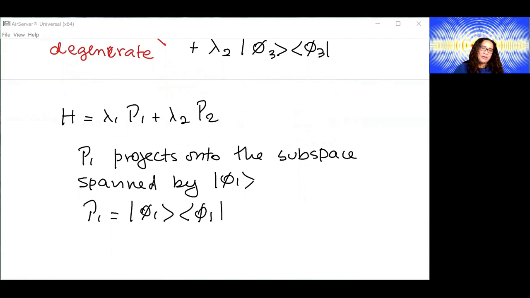So here we're using the definition of projector that we have already seen.